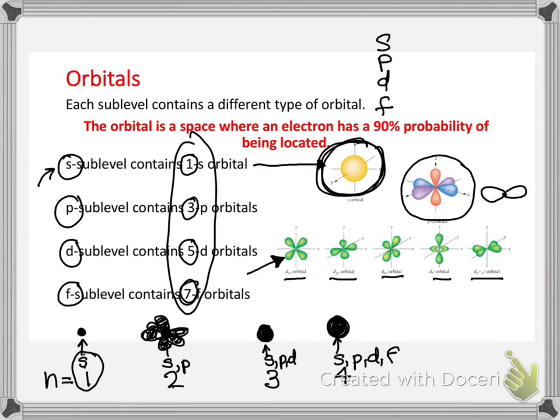So if I'm in these sublevels, then it's odd. This has 1 orbital, then it's odd: 3, 5, 7. So that's how I remembered. I remembered the SPDF, and then to remember the orbitals, I had to remember, okay, it's an odd number. It goes 1, 3, 5, 7.